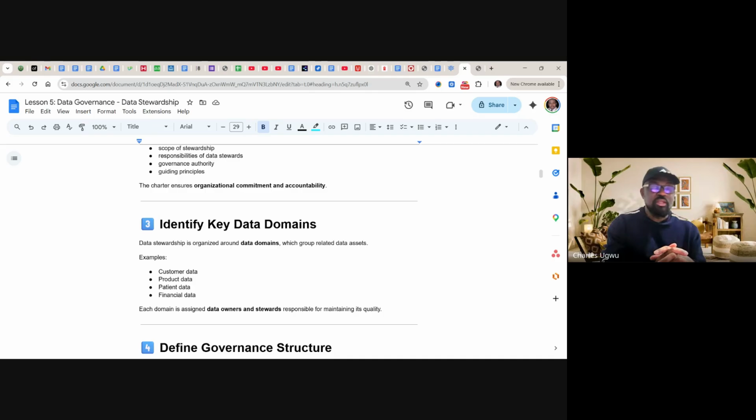If anything happened to product data, then Tunde will be liable for that. So that's what it means. But in most cases, you have to pay attention because you find out that you are everything. They want to use you to do everything because they want to save costs. They don't want to hire four data stewards. They want you to do everything for them.